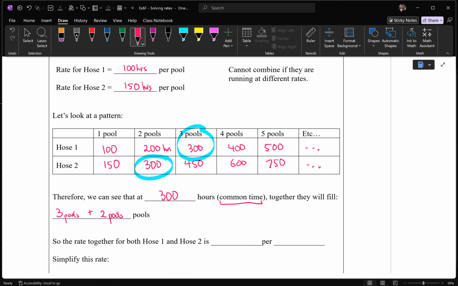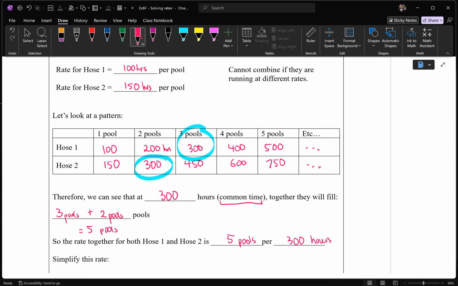So in 300 hours together, they would have filled 5 pools. The rate together for both hoses is 5 pools per 300 hours, because that's the common time that they will tend to meet.